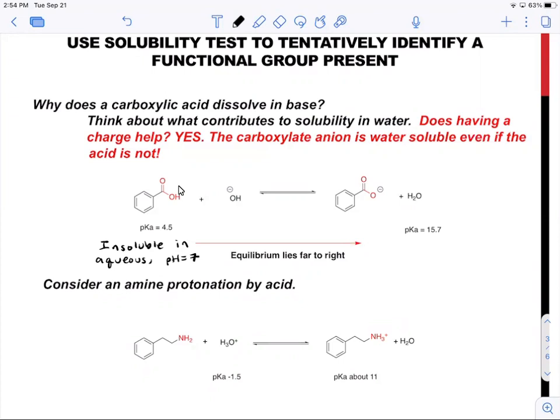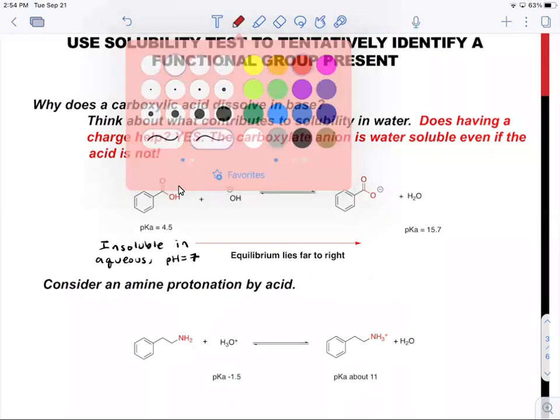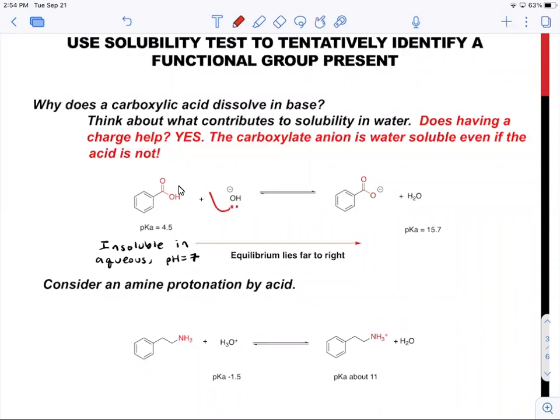However, when we place this compound into a basic environment, as we've seen in lecture, the base, such as sodium hydroxide, can remove the acidic proton, leaving a resonance stabilized carboxylate anion which is quite favorable. And you'll notice now that the anion itself has a charge. Charged species tend to have better solubility in water-based solutions.